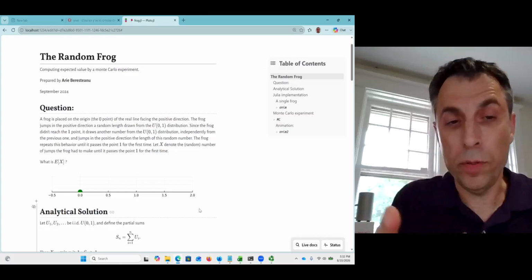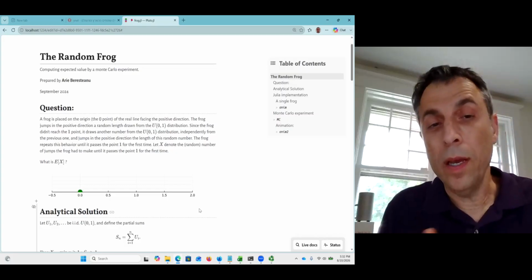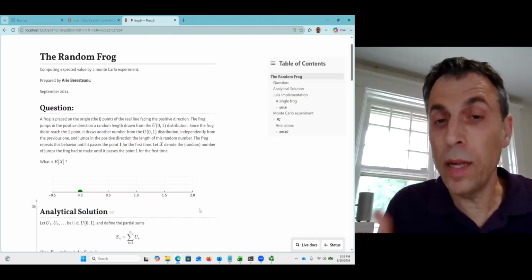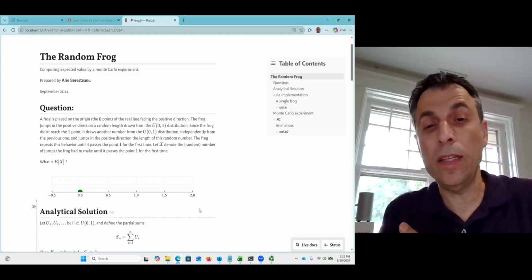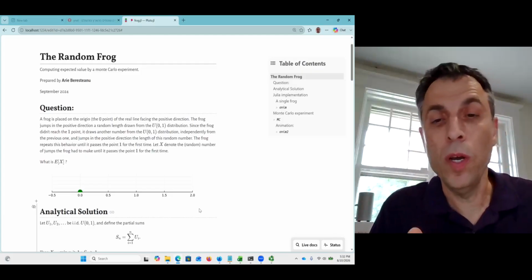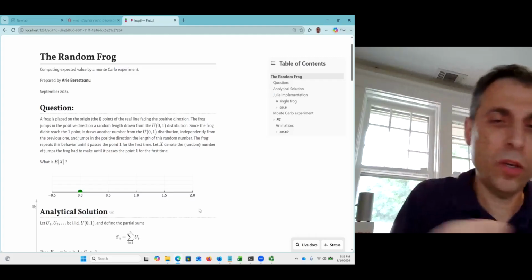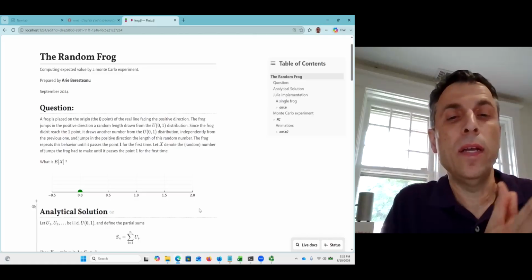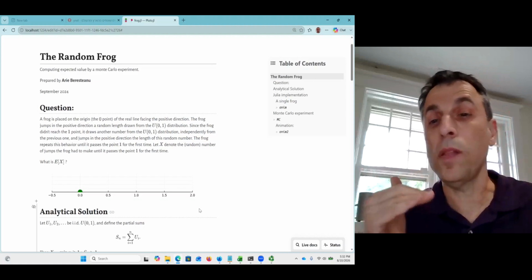And the probability that after n jumps the frog still doesn't pass the 1 point is the probability that the sum of the n coordinates, the n numbers that we drew, is less than 1. The reason we like the probability of less than 1 is that it's a cumulative distribution of something. So basically it means that the point is below the n-dimensional simplex.